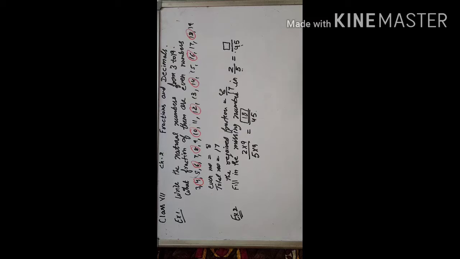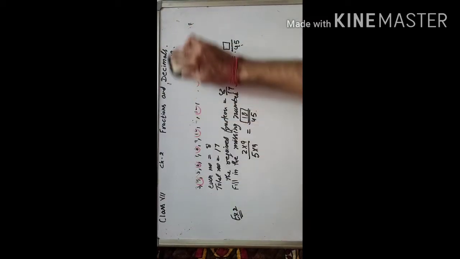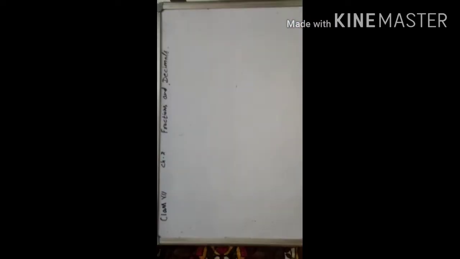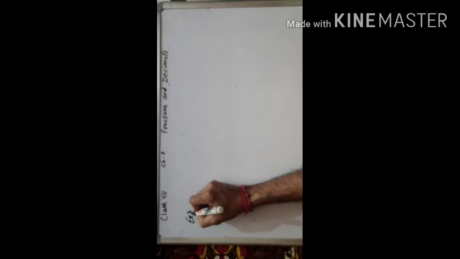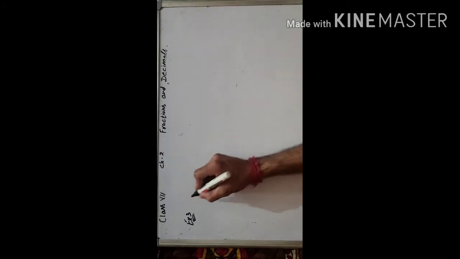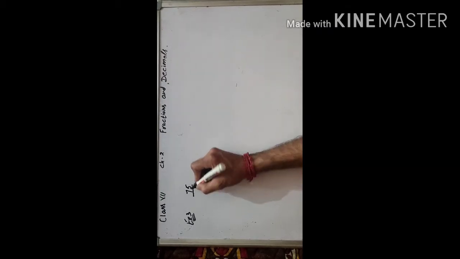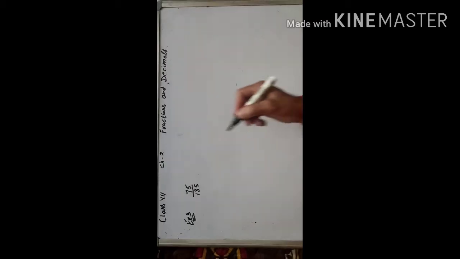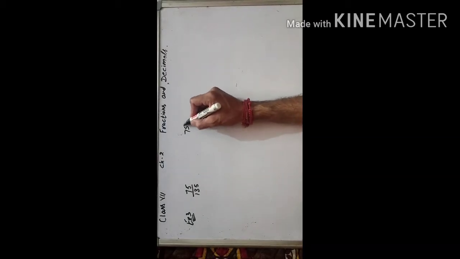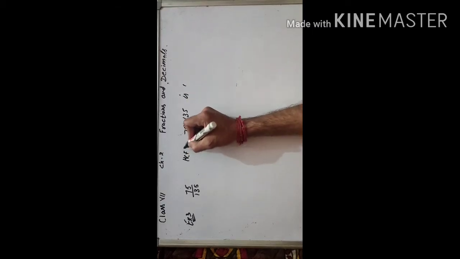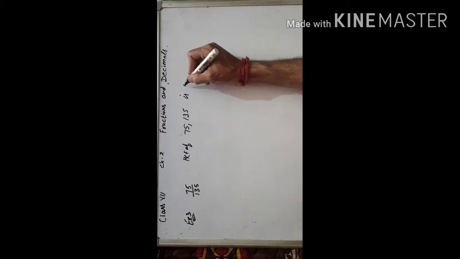And example number 3 is, reduce the following fraction into lowest terms: 75 by 135. First of all, the HCF of 75 and 135 is 15.